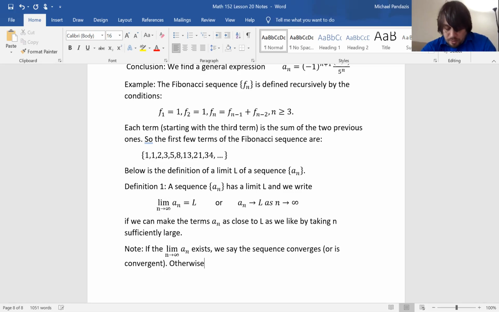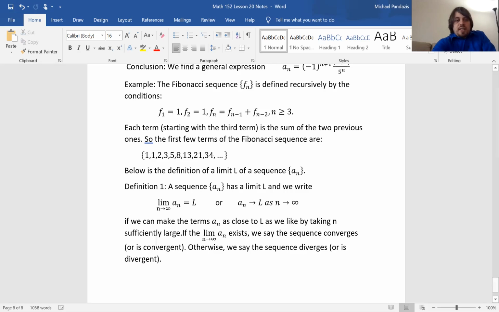Otherwise, we say the sequence diverges or is divergent. I want to separate this, but I guess I'm going to include it as part of the definition. So I'm going to write it like that. So this is definition 1.